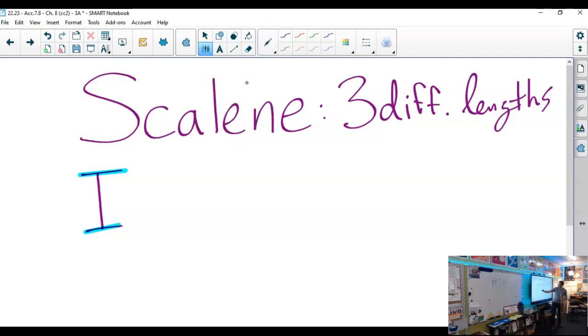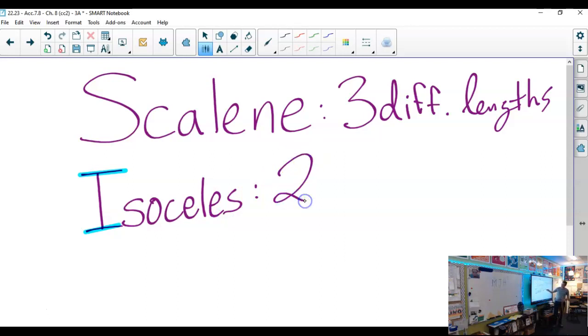So quit saying parallel. Isosceles. Isosceles is 2 equal sides and then 3 equal sides. Lucy already said it.